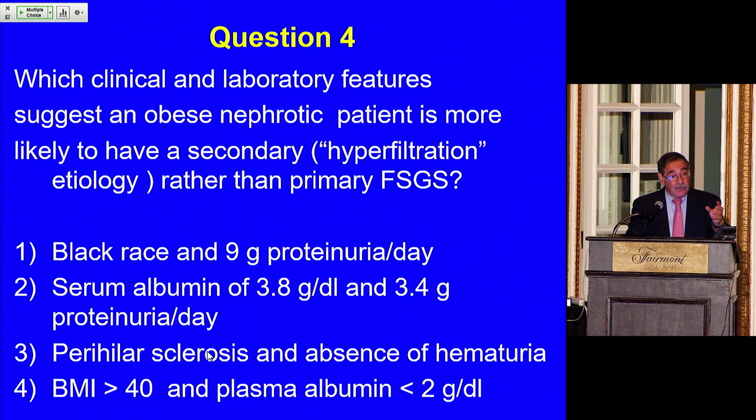Perihilar sclerosis is typical of secondary, but hematuria, you may have it or you may not. It's irrelevant. And the BMI of 40 and the plasma albumin of less than 2 could very well be a primary. So the answer is less proteinuria and close to normal albumin is much more likely to be a secondary form.